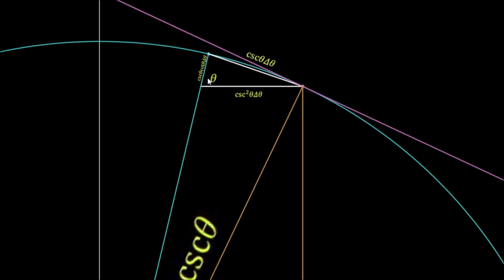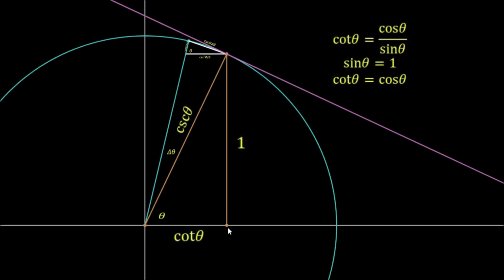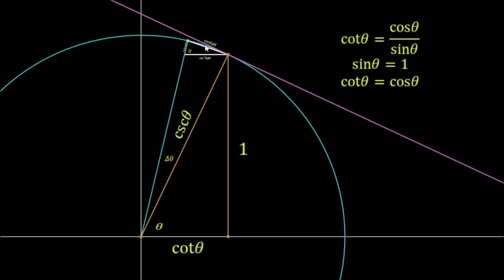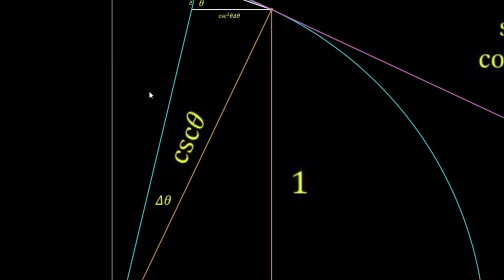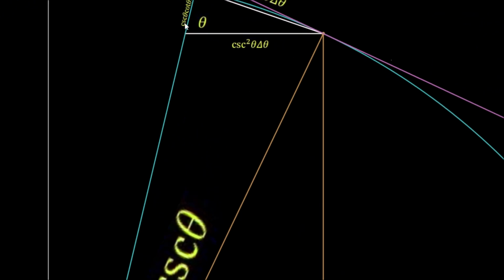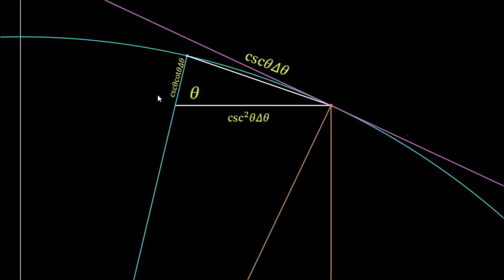Now we know that this is a similar triangle, and this here is our right angle. So it means that this length here is equivalent to this length here. And the small length here is equivalent to this length here. So it means that if this is a value of 1, which in effect is going to be our cosec theta, then in order for the triangles to remain similar, this height here must be the cosec theta times the cot theta.